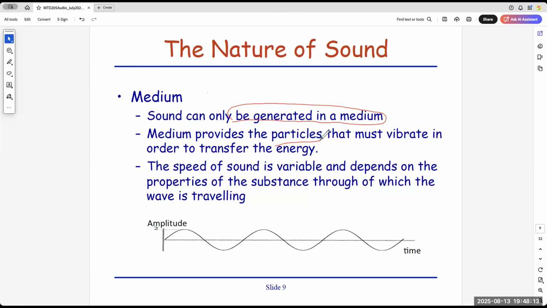And the speed of sound is variable because it depends on the property of the medium, in this case the substance through which the wave travels. So what does that mean? For example, can you guess right now whether sound travels faster in air, in water, or in a solid?